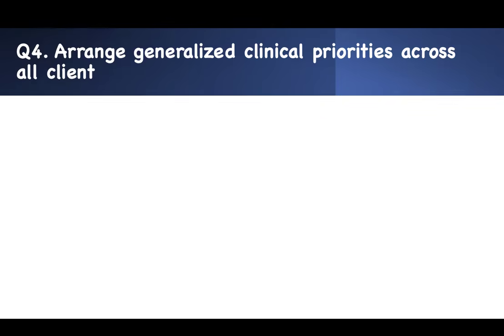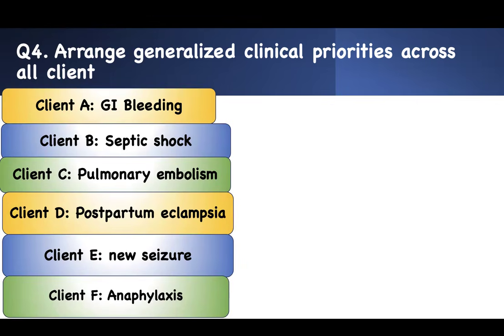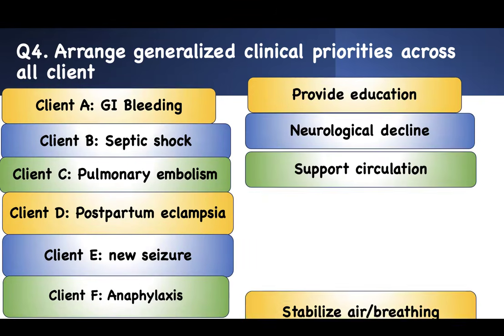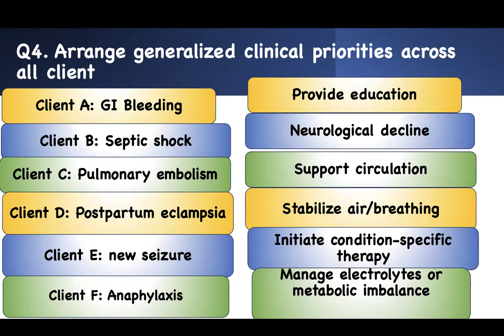They tell you these are generalized clinical priorities: GI bleed, septic shock, pulmonary embolism, postpartum eclampsia, new seizure, and anaphylaxis. These are the priorities they give you. Provide education, neurological decline, support circulation, stabilize airway or breathing, initiate condition-specific therapy, manage electrolyte or metabolic imbalance.